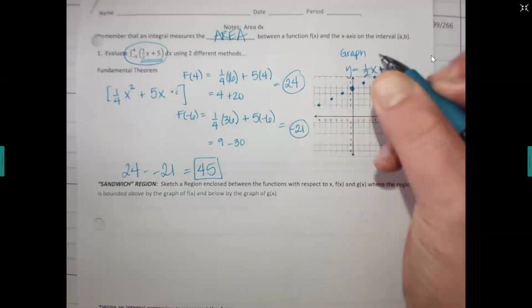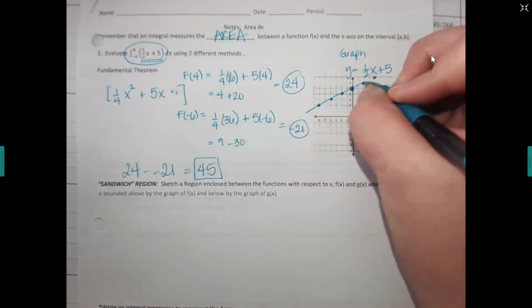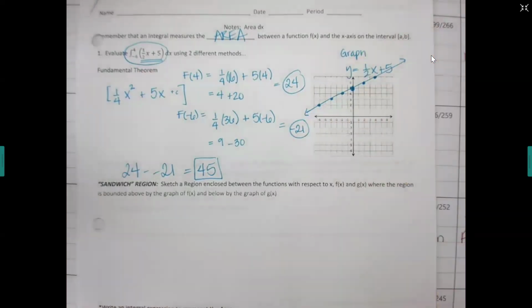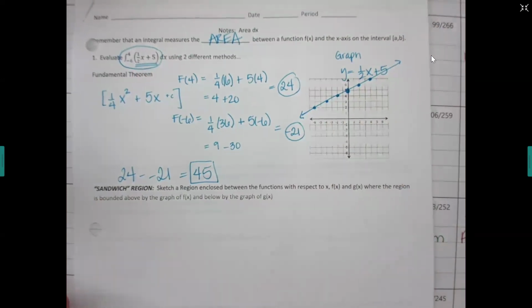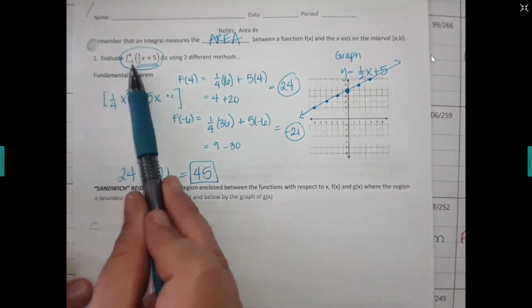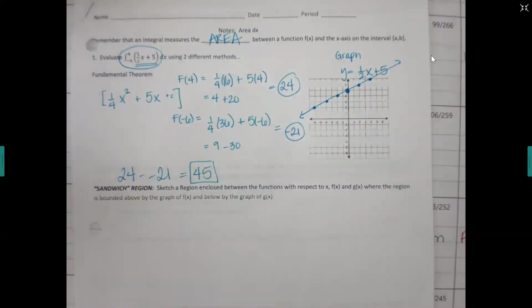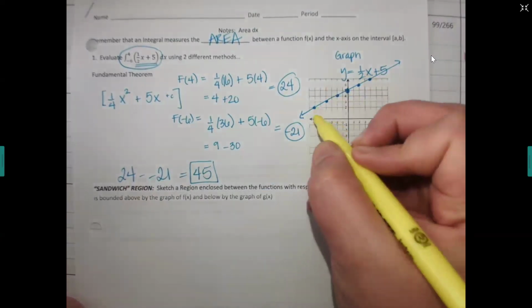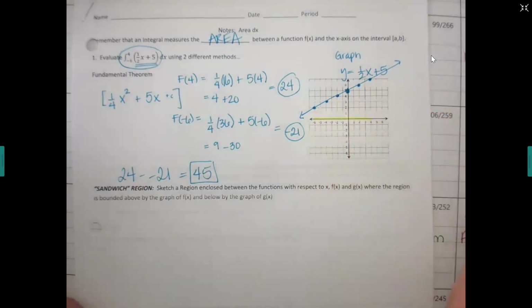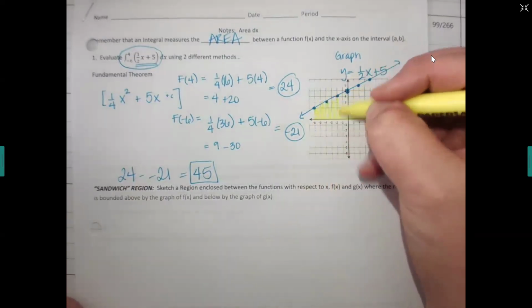And then remember, it's the area between the graph that you just shaded and the x-axis, but only on the interval that your integral shows. So if it's a lower value of -6 to an upper value of 4, I would shade here to here, and then just stay between.